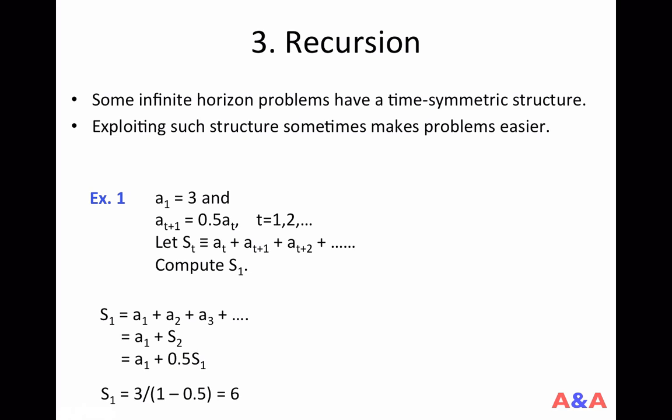When computing S1, we didn't actually sum up infinitely many numbers. Instead, we looked at S1 and noticed that some part of S1 is S1 again. S1 contains S1 itself. And by realizing that fact, the problem got much easier.